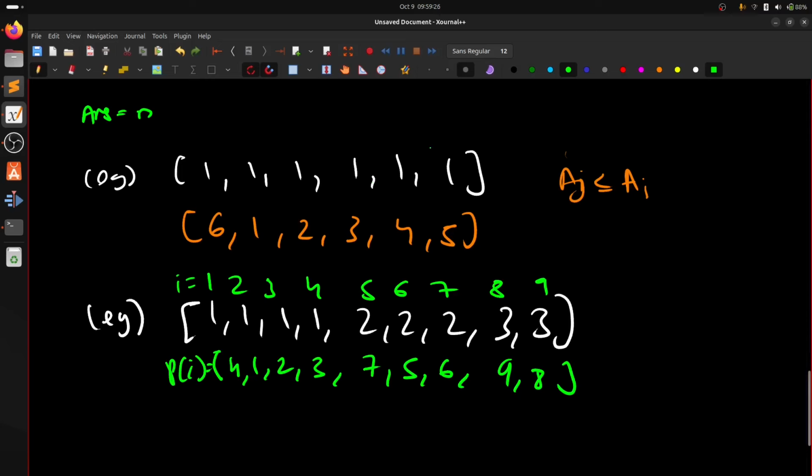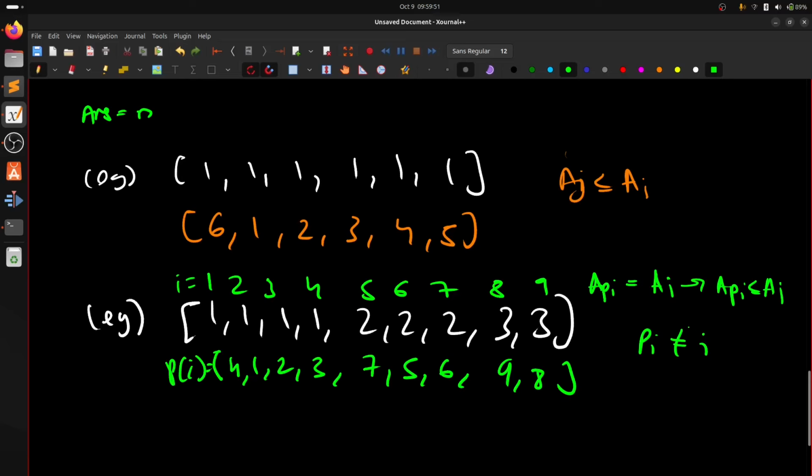Why so? Because these ones are equal, right? By making them point at each other, A of P of I is equal to A of I basically. So it's satisfying the condition A of P of I less than equal to A of I. It's also satisfying the condition P of I not equal to I. Correct? It's satisfying both the conditions.